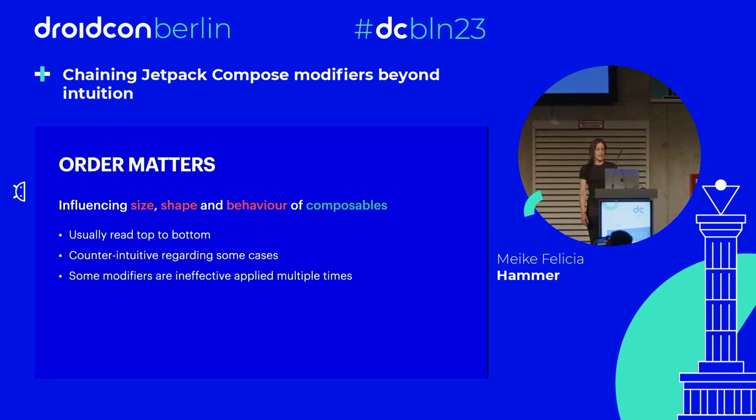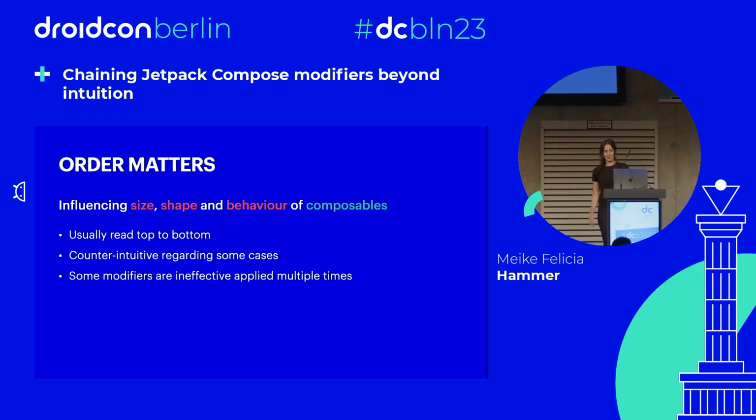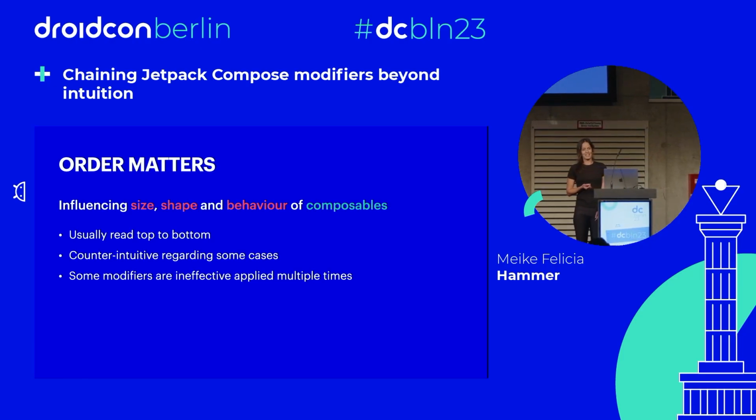But in general, it's a good strategy to read modifiers from top to bottom. Just watch out that they are counterintuitive in some cases, like with the offset and scale modifiers. And also, you have to notice that some modifiers can be applied multiple times, like our border modifier, and some are just ineffective, like applying several size modifiers in a following structure.